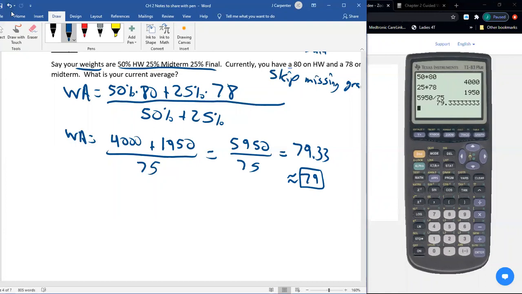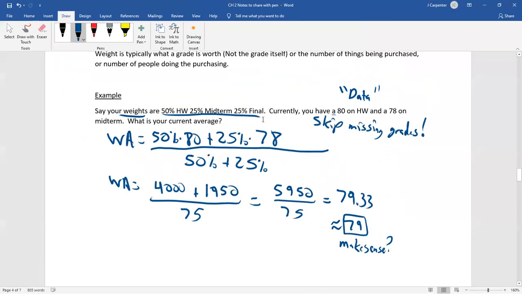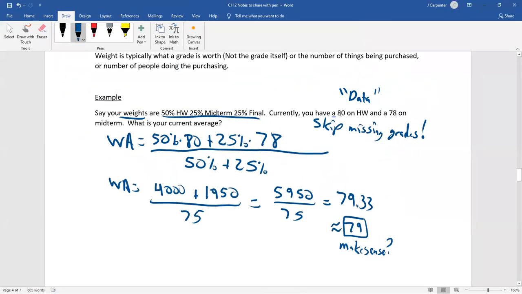And then you can ask yourself, does this make sense? Like you're supposed to do after every single problem in this course. All right, so we had an 80 on our homeworks and a 78 on our midterms. Well, a 79, I feel like makes sense because it's somewhere between these two.